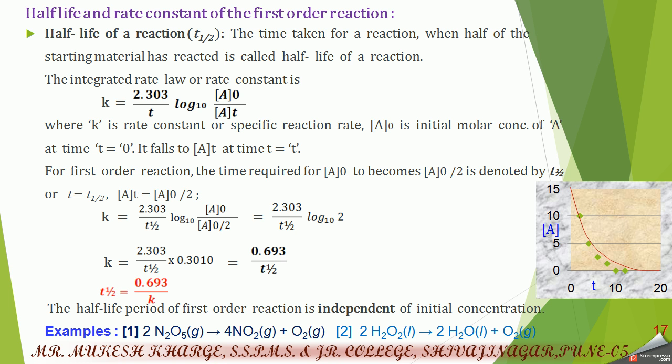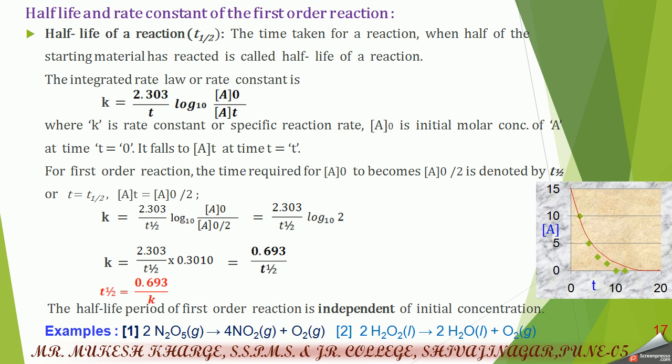When it falls to At, then time becomes t. Now for first order reaction, the time required for A0 to become A0 by 2, means becomes half, is called the half-life period denoted by T half, or you can write when t is equal to T half, At becomes A0 by 2.